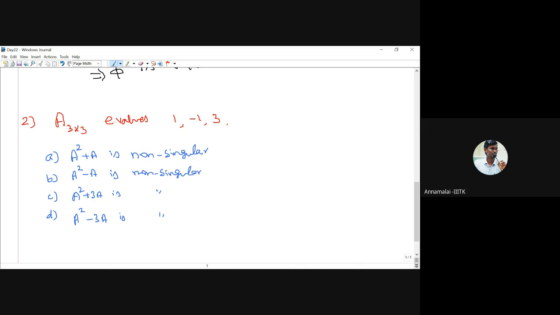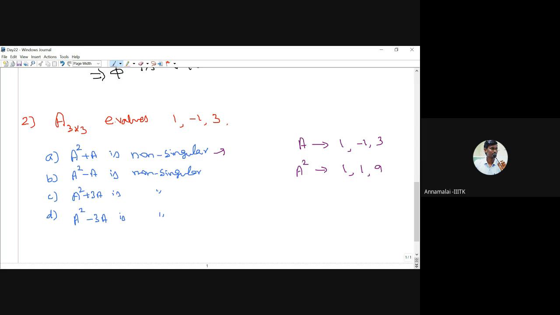Now we know the eigenvalues of A. What are the eigenvalues of A? 1, -1, 3. What are the eigenvalues of A square? Just square each eigenvalue. Therefore 1 square is 1, minus 1 square is 1, 3 square is 9. So 1, 1, 9 are the eigenvalues of A square. Now look at the first option.